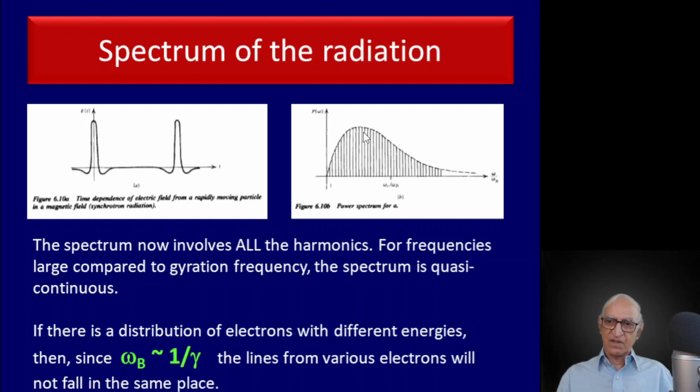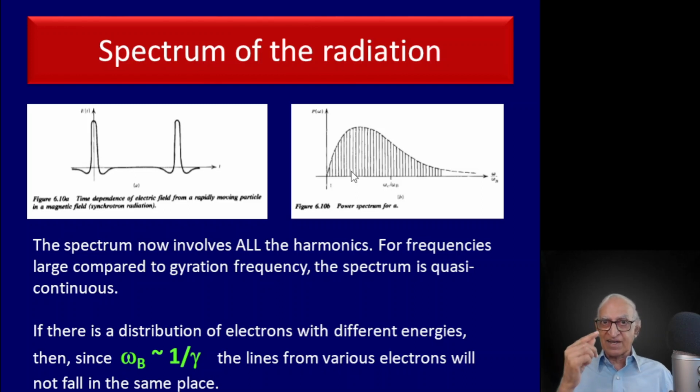Now, if there is a distribution of electrons with different energies, since the gyration frequency is proportional to 1 over gamma, because the gyration frequency is eB divided by gamma mc, the harmonics of various charges will be at different frequencies.